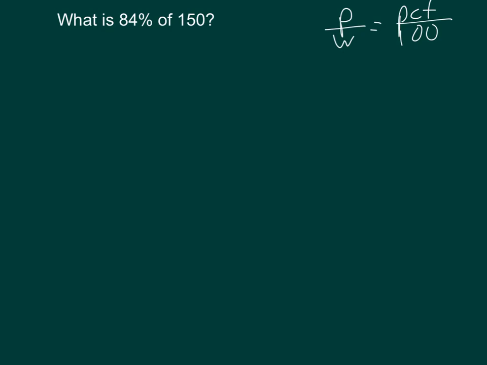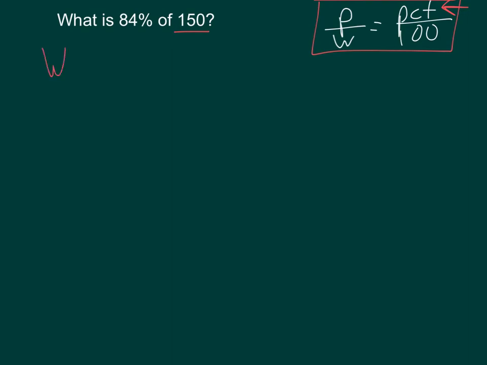So this question asks, what is 84% of 150? What are they really asking? Well, if we look at our percent proportion, we have a percent, but which is 150? Is it the part or the whole? What is 84% of 150?